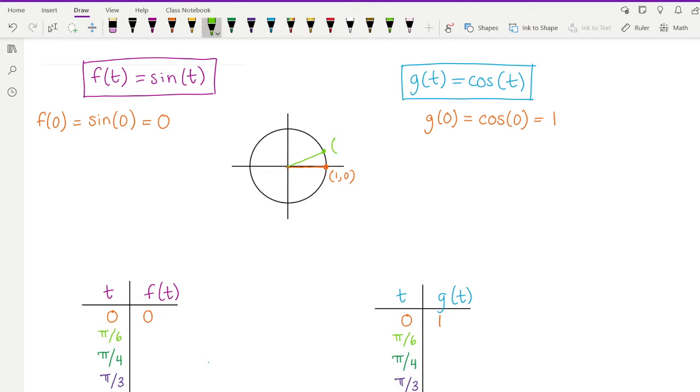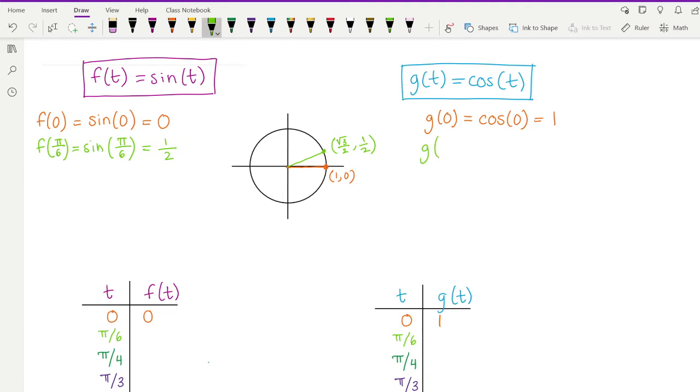When your angle is pi over 6, you should be able to find that the coordinates of the terminal point are square root of 3 over 2 as the x coordinate and 1/2 as the y coordinate. That tells us that f of pi over 6, which in this case represents sine of pi over 6, is the y coordinate on the unit circle, and so that is equal to 1/2.